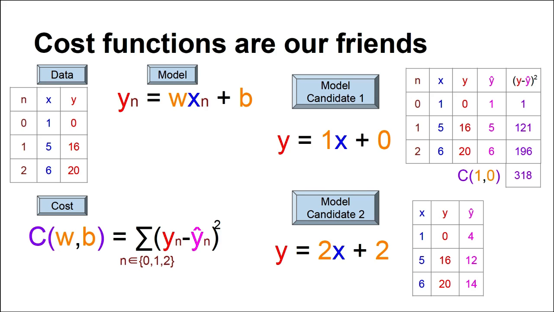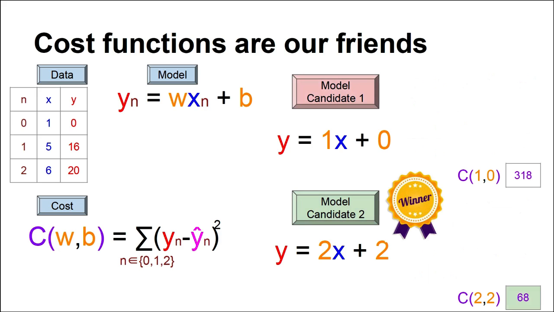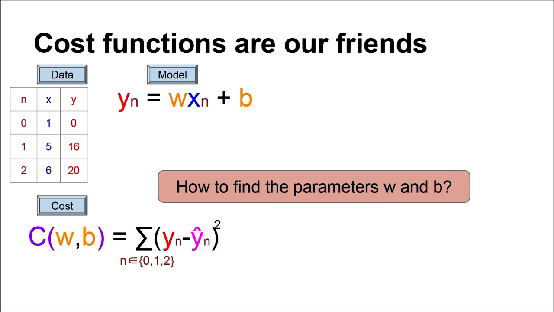So that's like 318. We do the same for the second model. Basically, the one that gets the lowest score is the better model, because the lower the cost, the closer you are to the actual solution, given this cost function. So this is the model we want. But now we ask the question again, how do we actually find the best parameters, w and b?